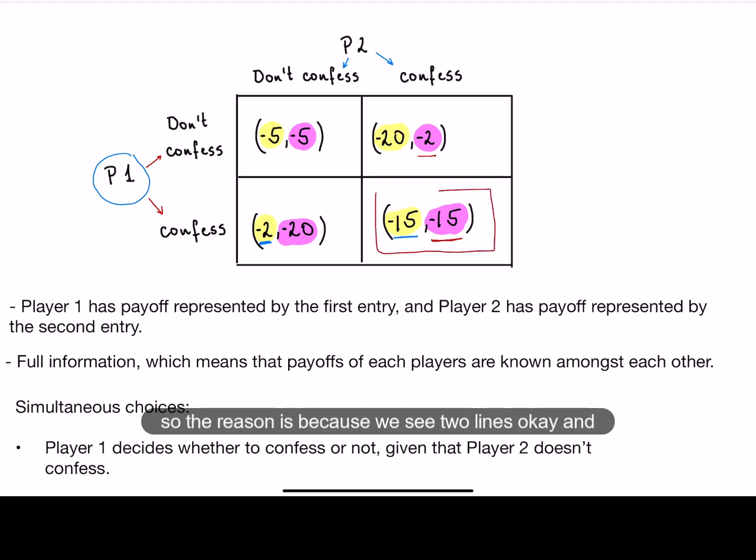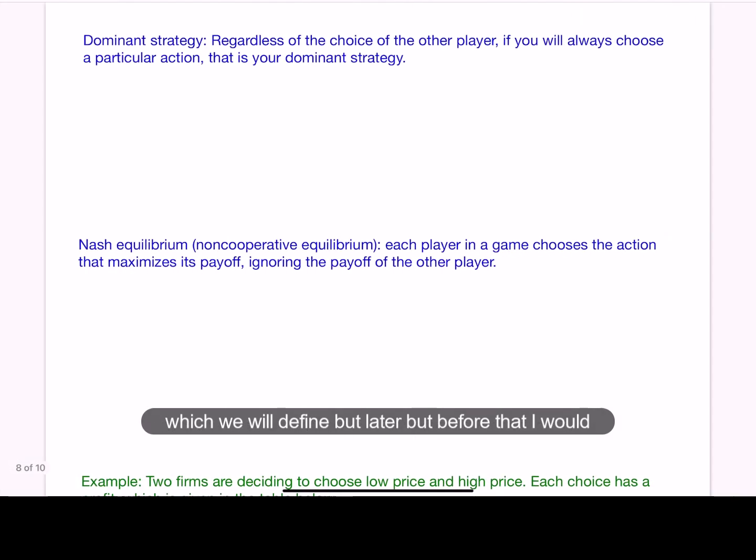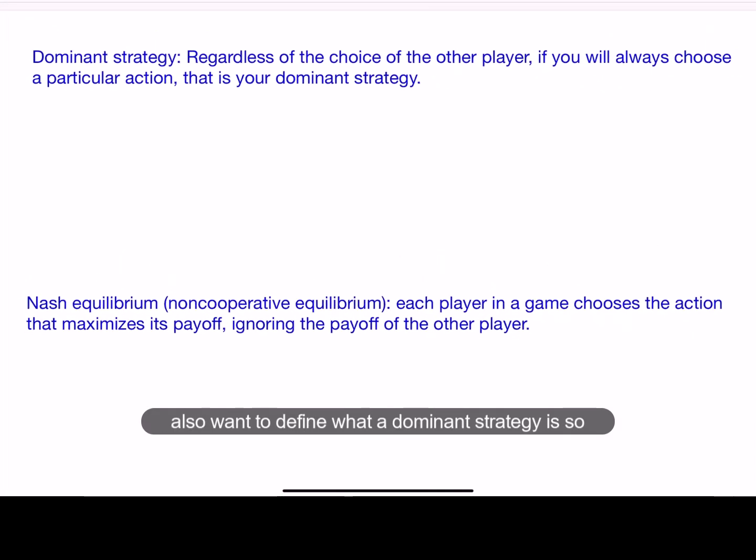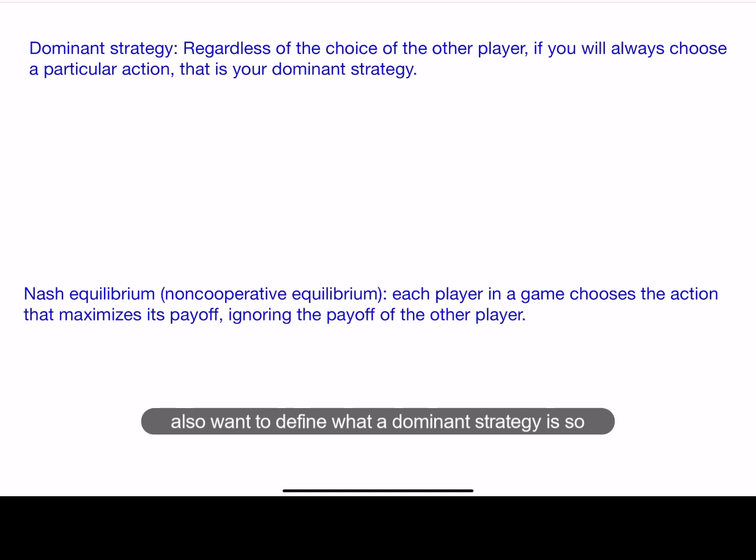Okay, so the reason is because we see two lines. And we will call this the Nash equilibrium, which we will define later. But before that, I would also want to define what a dominant strategy is. So let's read this together.